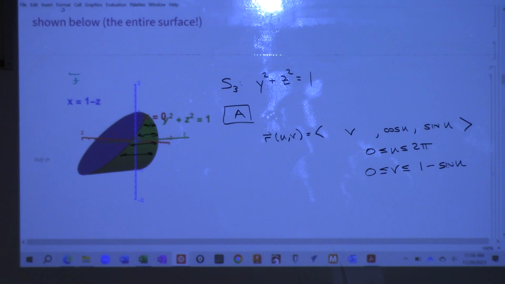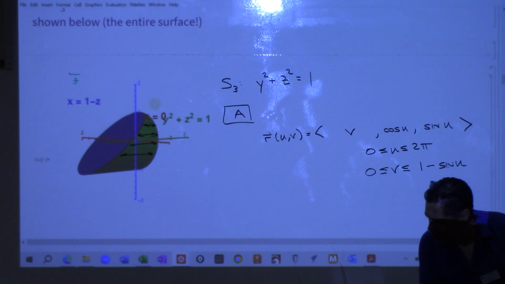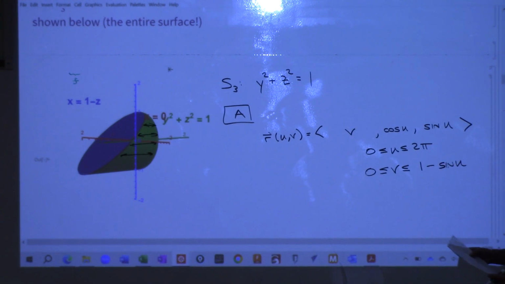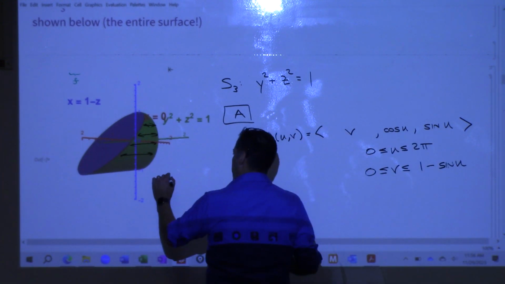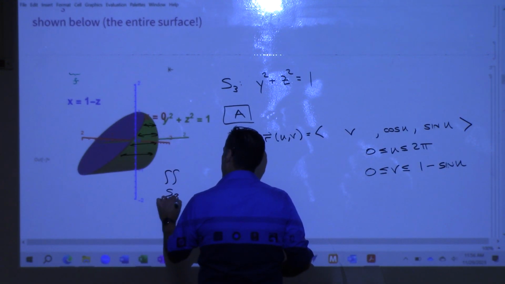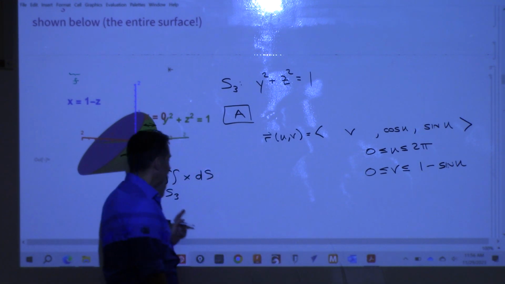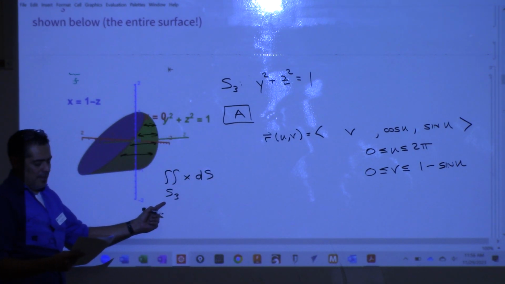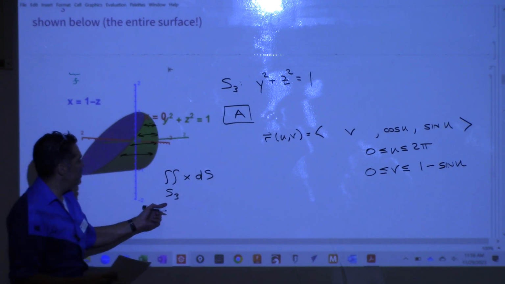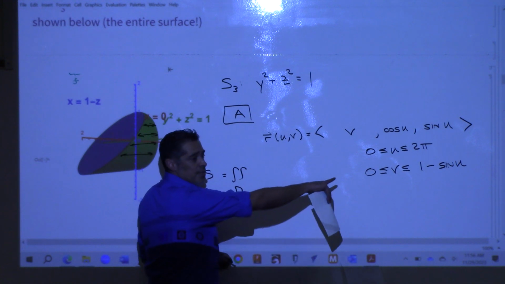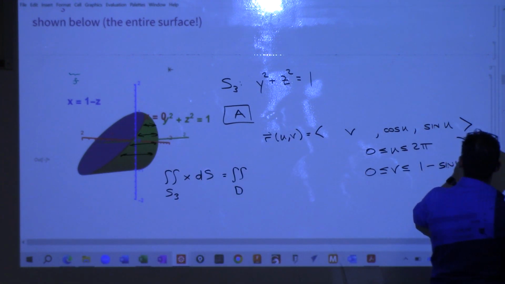Okay. So now we're going to use Formula A. So the double integral over S3 of my scalar function x dS is what I'm doing. And unfortunately, I can't use a special formula, so I'm going to say this is the double integral over D. D is this right here. This is my D now.